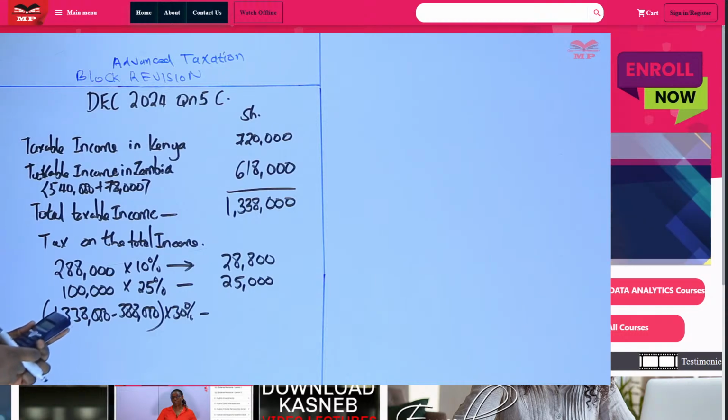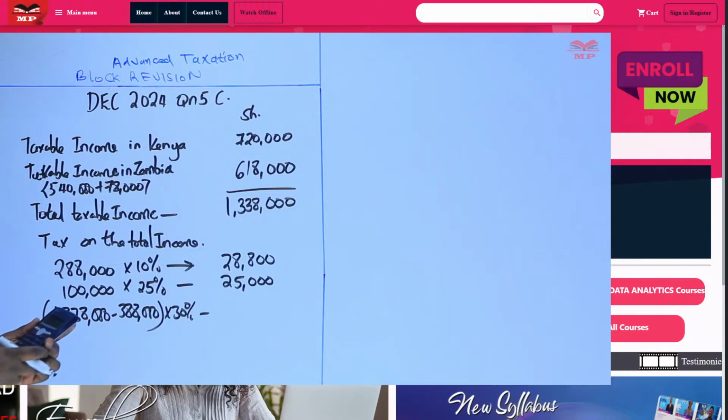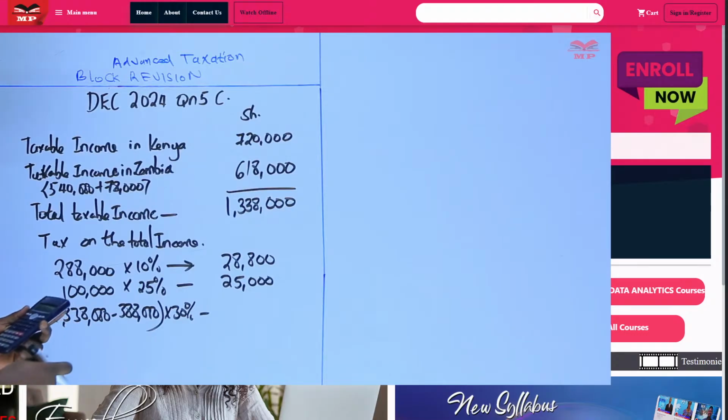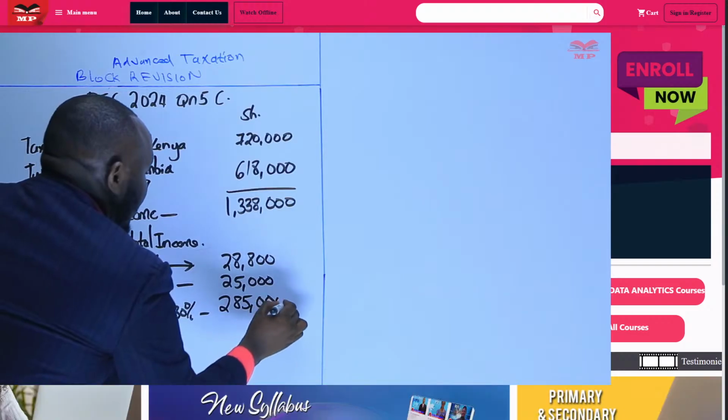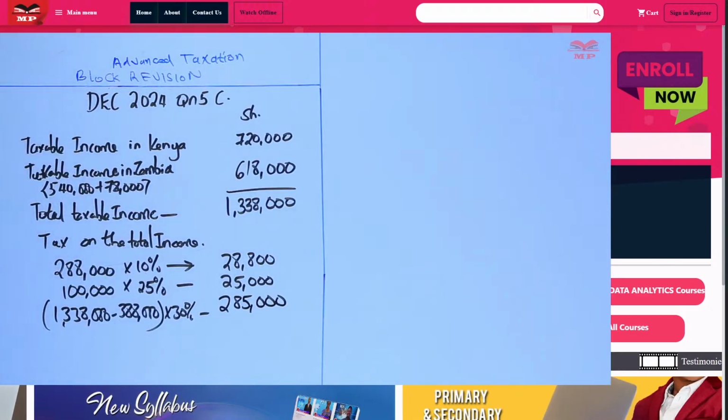When you less that, we get a figure of 950,000, then times 30%. So we have a figure of 285,000. That gives us a figure of 285,000.